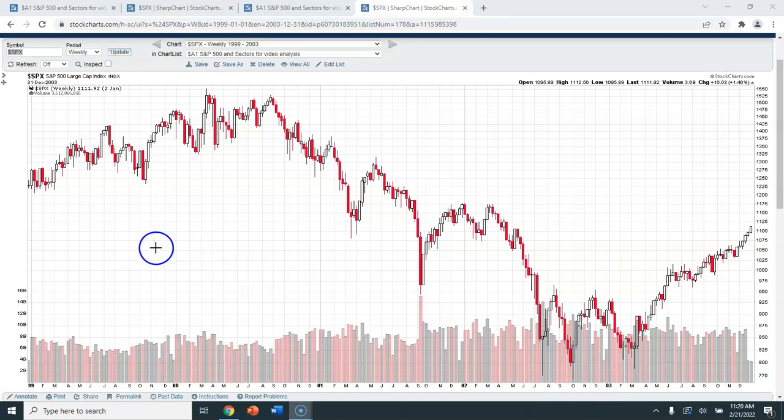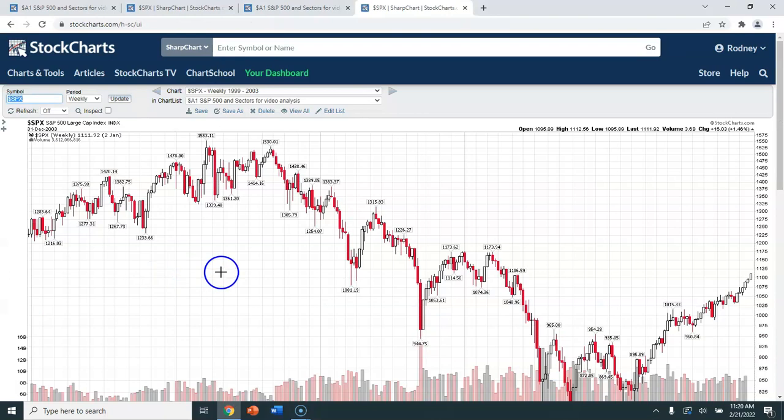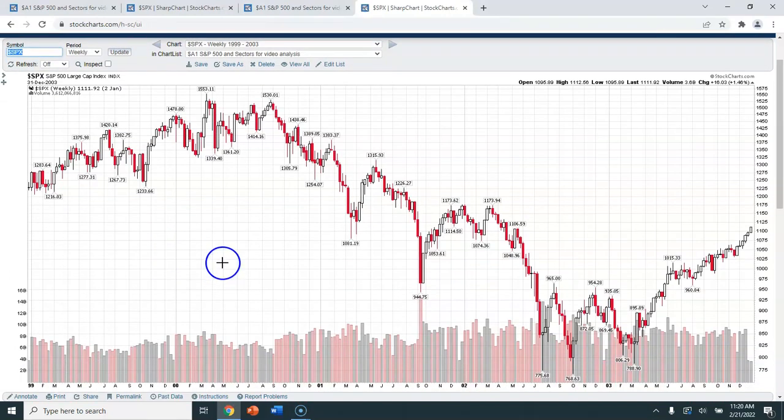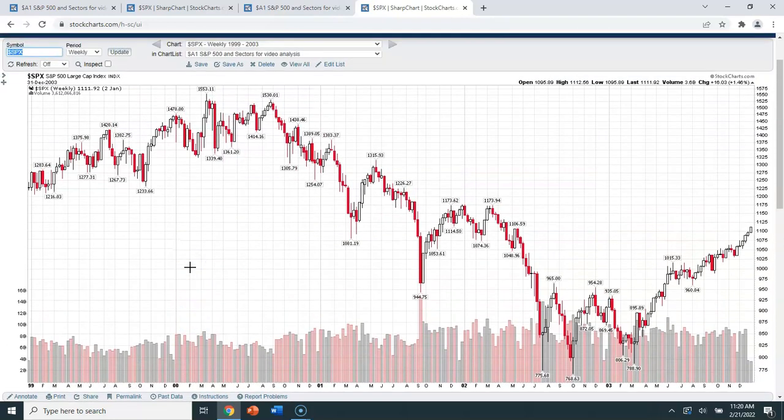So the first thing we want to do here is figure out the ultimate highs and the ultimate lows, all right? So I'm going to drop in the price labels. And what we can see here is the market peaked right here in 2000 at 1553.11.